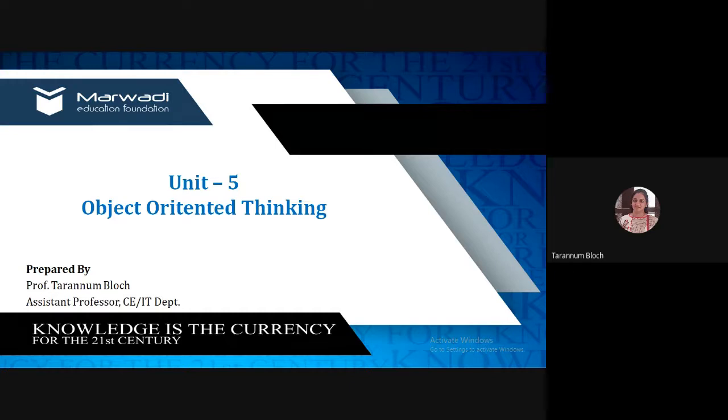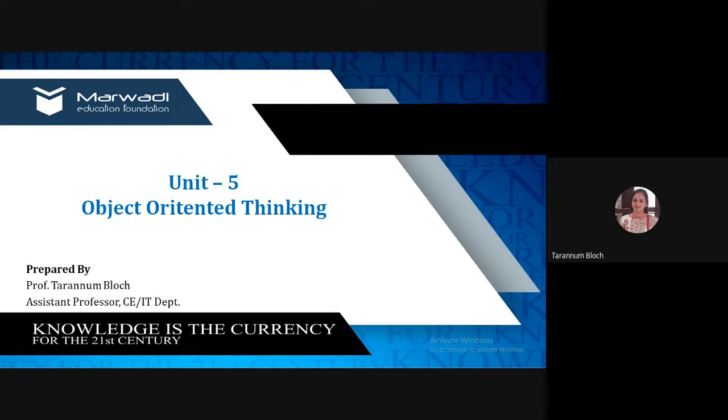Is there any close relationship? If there is, how can I connect the code of one class with another class? What are the dependencies? Is there any hierarchy, like one class being derived from another class? All these things are known as object oriented thinking, which is our unit number 5.